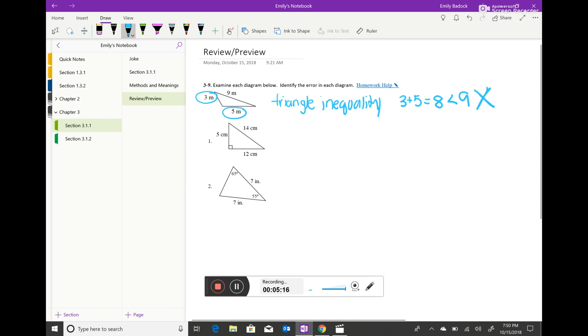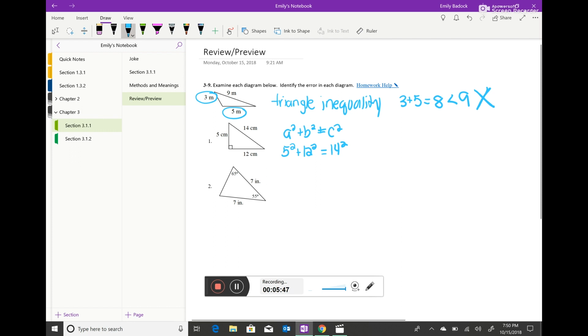The next one has a nice square here, which means we're probably going to use the Pythagorean theorem. We need to see if the Pythagorean theorem holds up. Remember, the Pythagorean theorem is a squared plus b squared equals c squared, which you guys should all be a pro at by now because of your videos. So we want to see, does 5 squared plus 12 squared equal 14 squared?